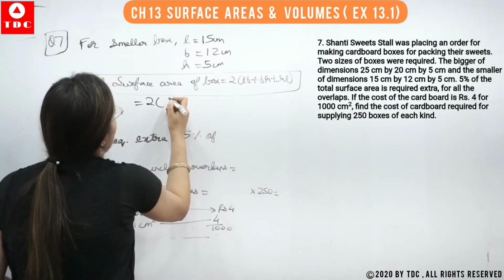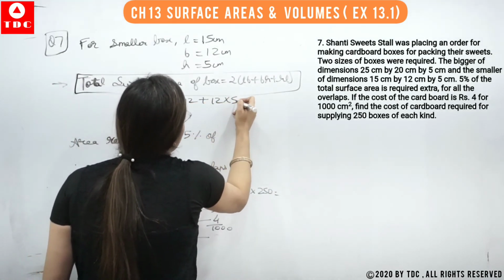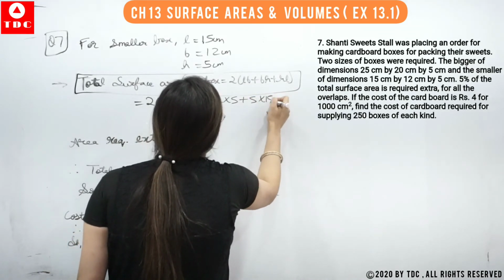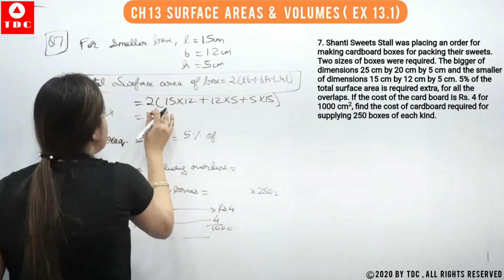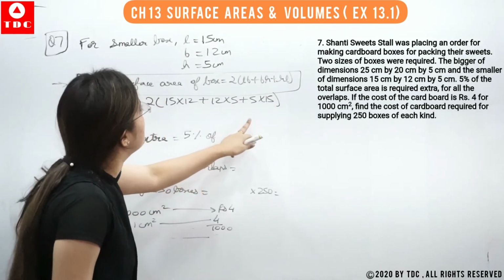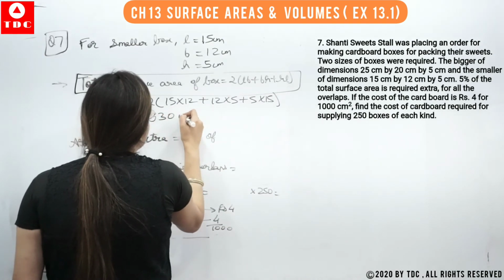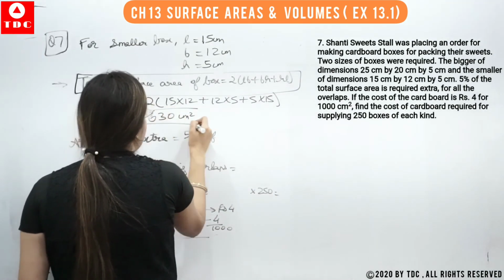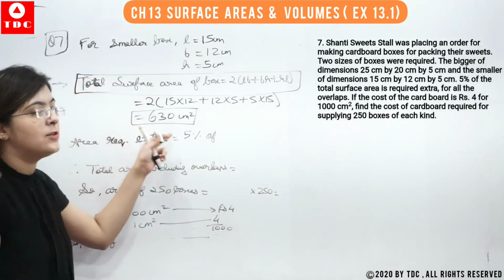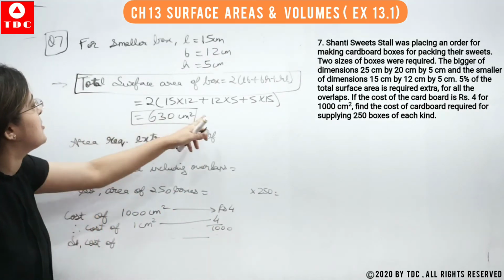Okay, 2 into LB, 15 into 12 plus 12 into 5 plus 5 into 15. Solve it, see how much will you get? 15 into 12 plus 60 plus 75 into 2. You will get 630 centimeters square. Okay, what will you get the total surface area? 630 centimeters square.